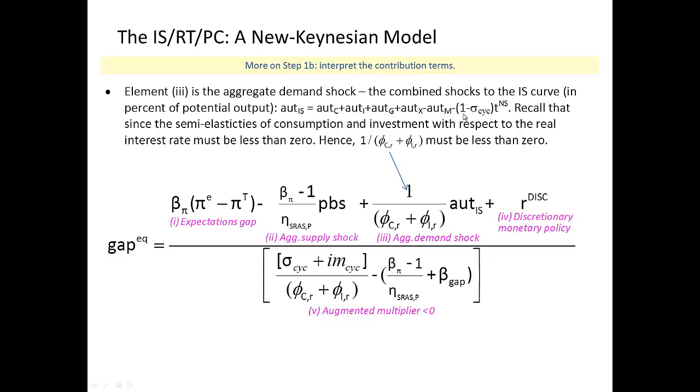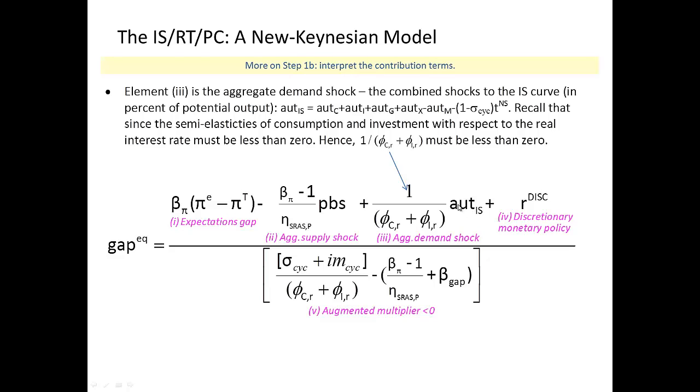They're going to be spending 1 minus the marginal propensity to save out of cyclical income of their tax cut. So that's part of AUT-IS. But then also, we're going to be talking in later chapters about shocks from abroad, net exports, exports minus imports. So they're all in here, and we think of them as a shock to aggregate demand.